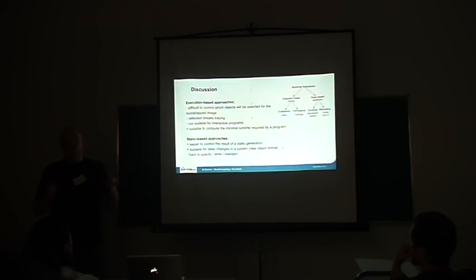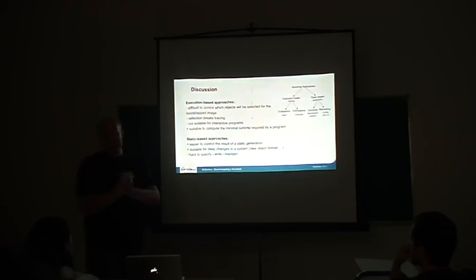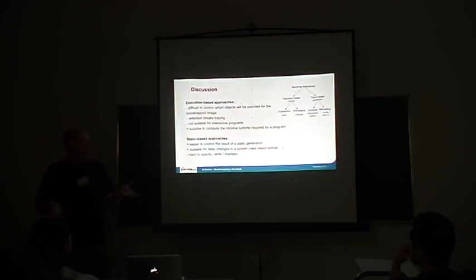Because we do not have a closed world, we cannot do any kind of static analysis of which methods will be called in the future. So you need to rely on test suites or things like that to define what you really need in your kernel. And that can always fail in something.